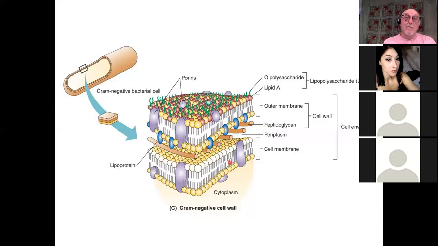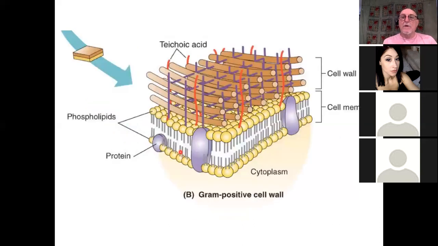So the structure is completely different. The gram-negatives have two membranes: the cell membrane and an outer membrane. Between the outer and the cell membrane is the periplasm with a thin cell wall in it. Now, the gram stain you will do in lab works like this.